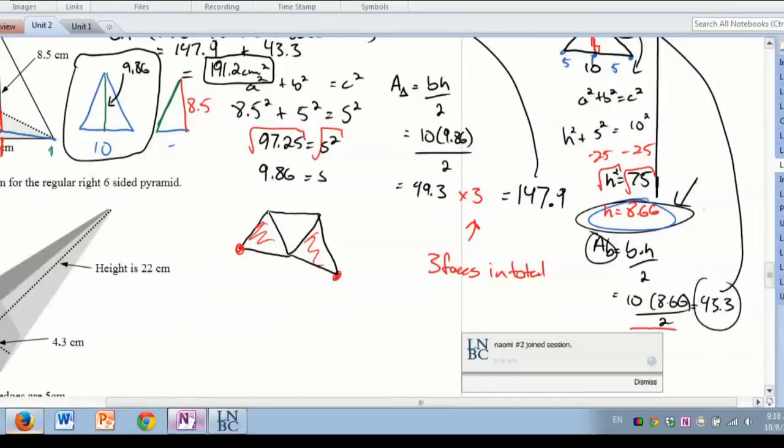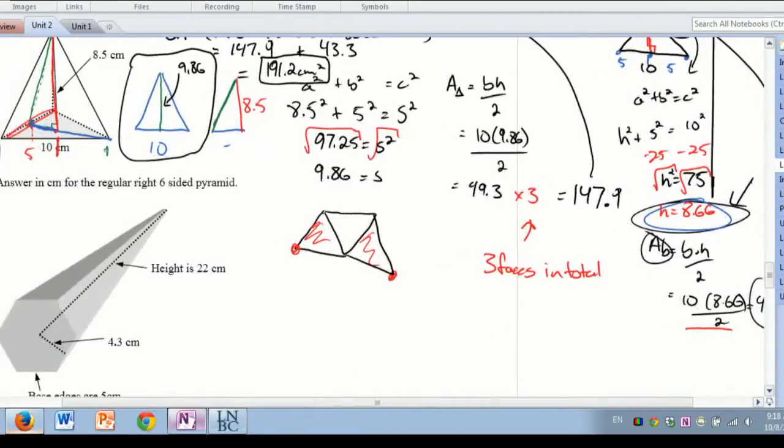So the distance from the center to the edge would be half of that. Instead of that being 5, this should be 4.33. Now I know you probably don't remember doing that and don't remember me getting it wrong, but I wanted to make sure I got that right. So this is the 4.33, which changes this calculation here. I'm not going to go through it all, but that should be 4.33, and then you can find the slant height from there, and that'll change the answer. So I just wanted to correct that.